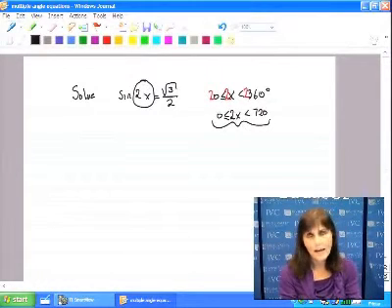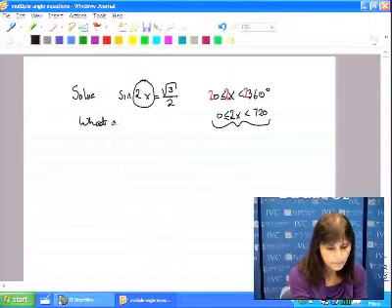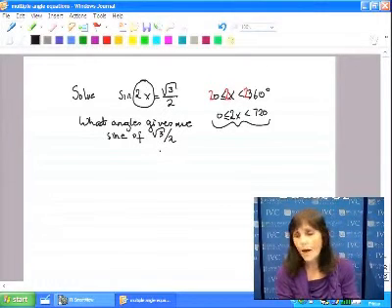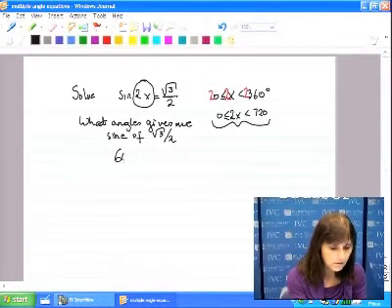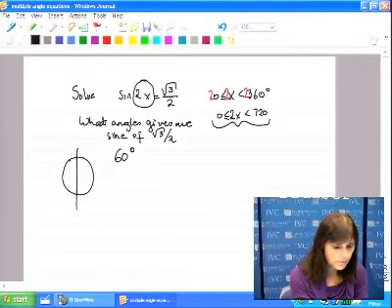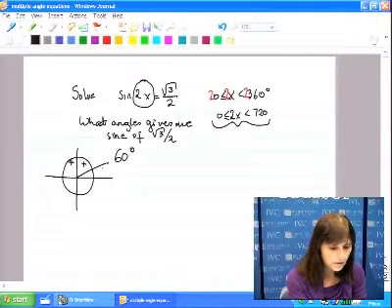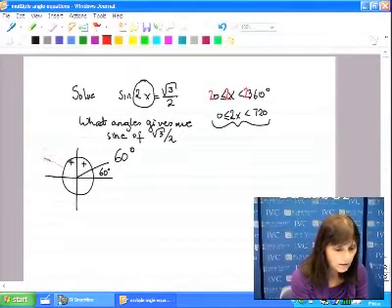So remember that. So you go, what angle gives me sine of rad 3 over 2? From my long-term memory, I know that angle is 60 degrees. And sine is positive here. That means I'm going to have another one here.